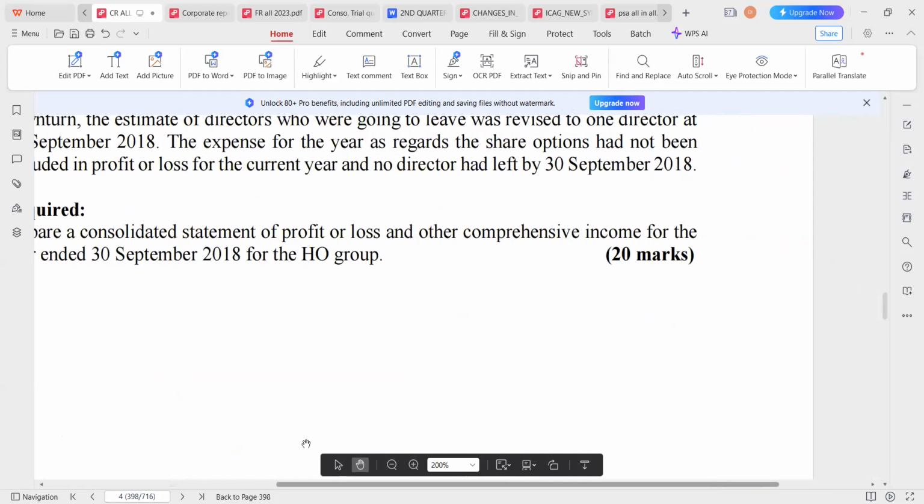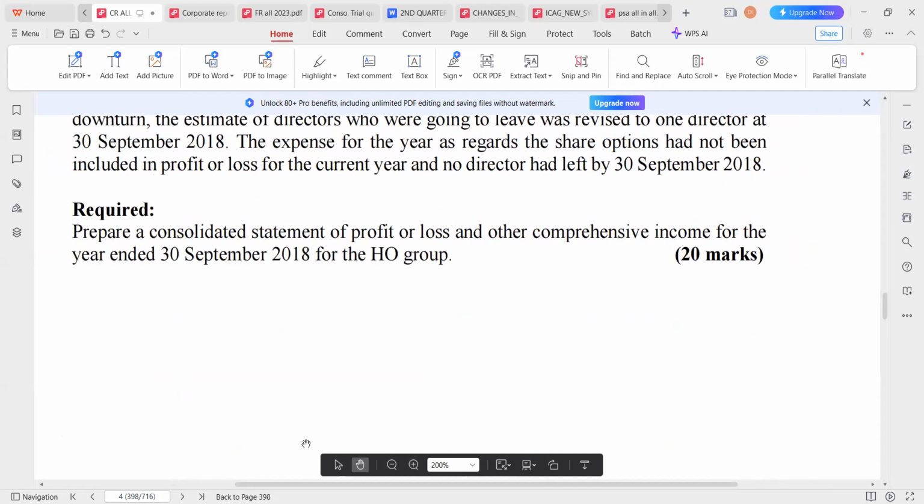Right after reading the requirements, you go straight to your answer booklet and check the question number. In a typical exam setting, it will be question 1. But kindly check for this.